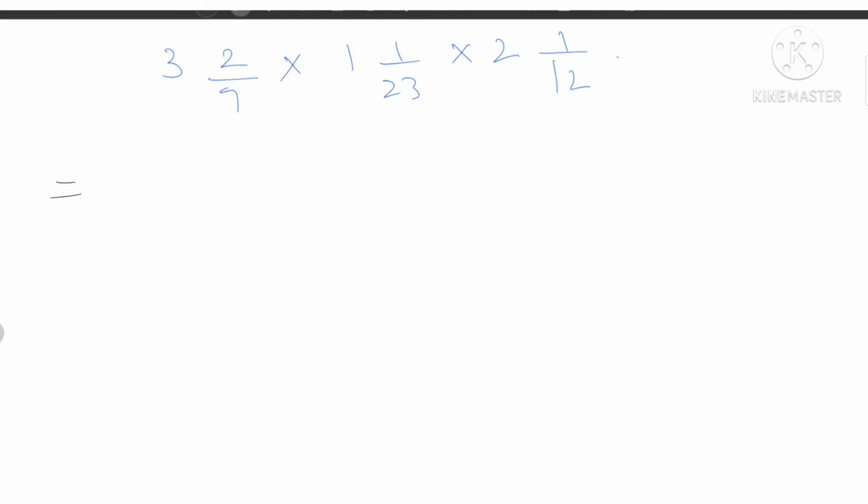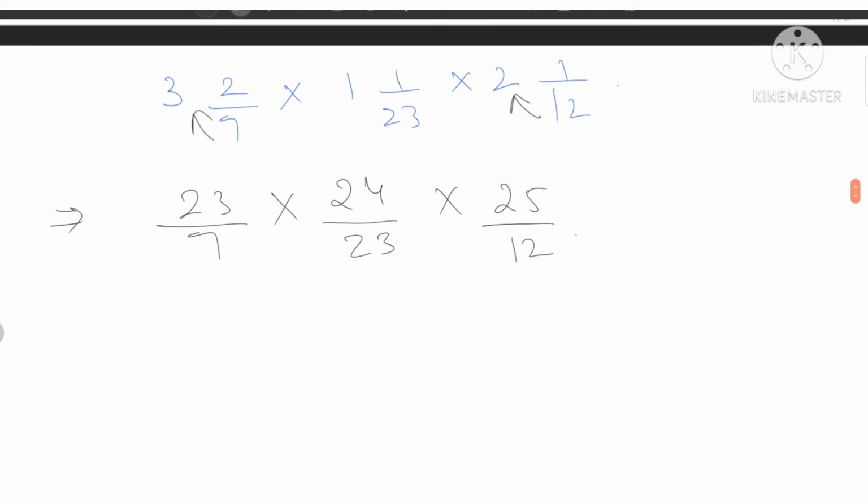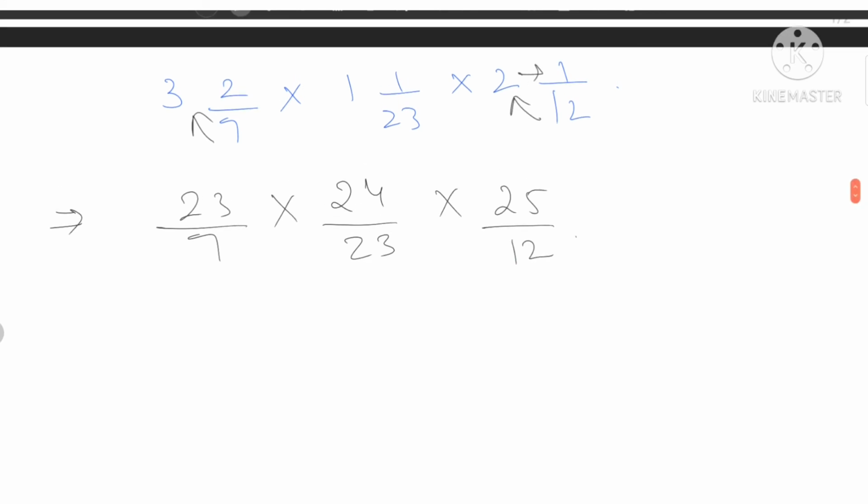Now, first of all, we have to convert this into improper fraction. 3 sevens are 21, 21 plus 2 is 23, so 23 by 7 into 24 by 23 into 25 by 12. 12 twos are 24, 24 plus 1 is 25.